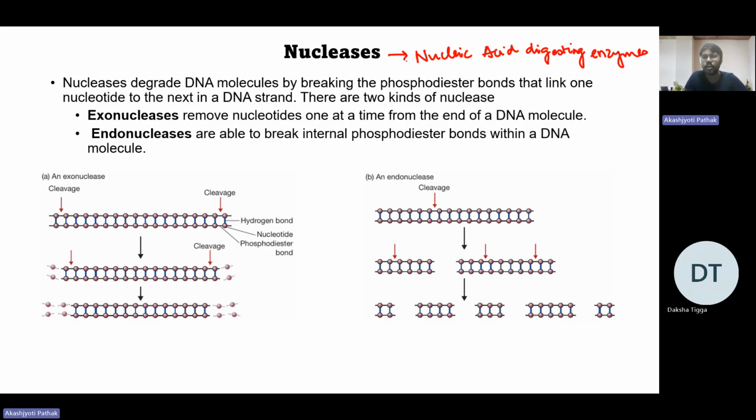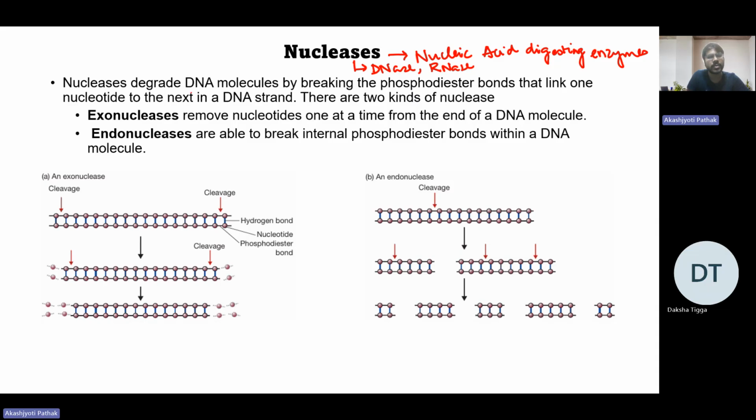So nucleases, proteases, then there are chitinases. So these are the different enzymes. Proteases will digest proteins. Nucleases will digest the nucleic acid. There can be different types of nucleases like DNases, RNases, isn't it? So what will a DNase do? It will digest the DNA molecule. RNases will digest the RNA molecule. Okay.